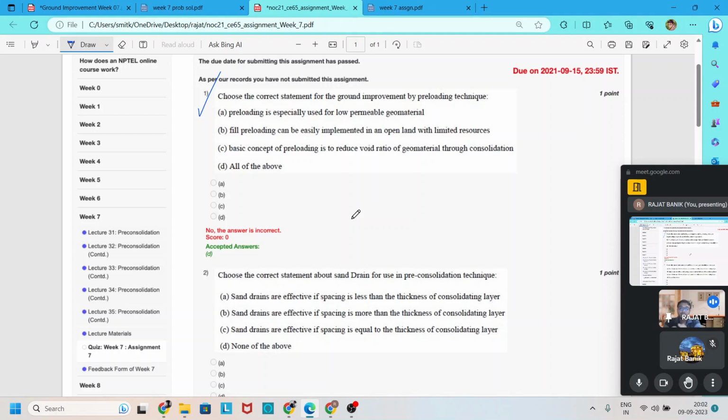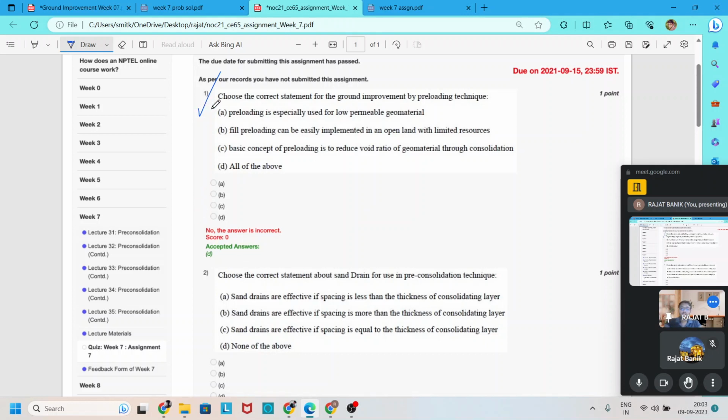First option: preloading is especially used for low permeability geomaterial, which is true. Field preloading can be easily implemented in open land with limited resources. This is also true. And the basic concept of preloading is to reduce the void ratio of the geomaterial through the consolidation.